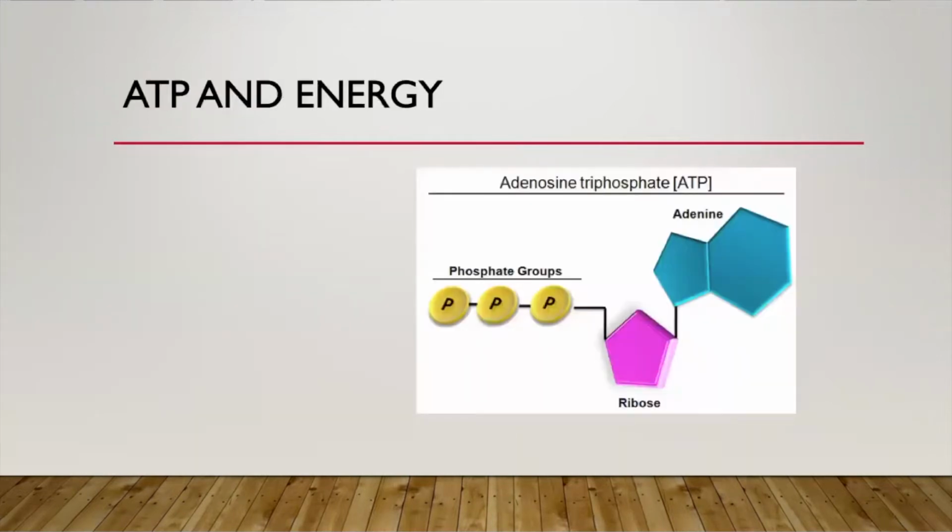And ATP is a substance made of adenosine, ribose, which is a sugar, and 3 phosphate molecules.